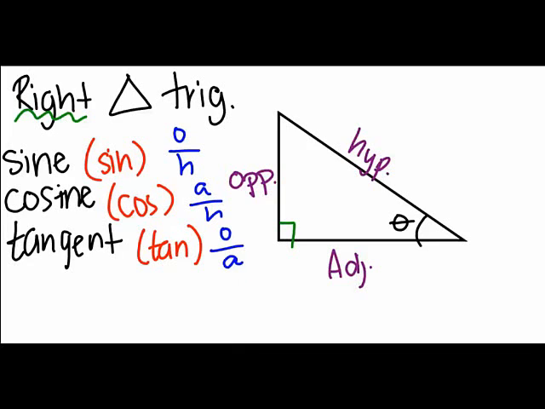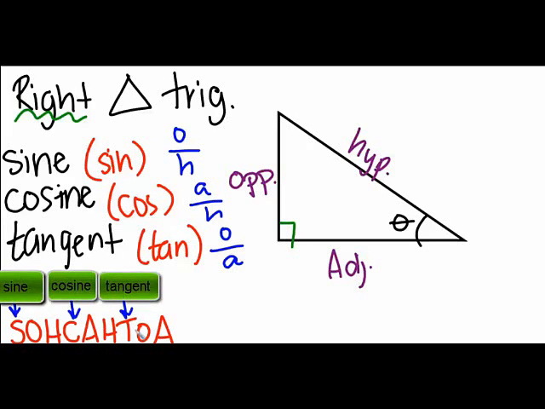Now you're probably thinking, how on earth am I going to remember all of this? There's a couple of little memory tricks. You may remember this from algebra, SOHCAHTOA. This stands for sine, cosine, tangent: opposite over hypotenuse, adjacent over hypotenuse, opposite over adjacent.